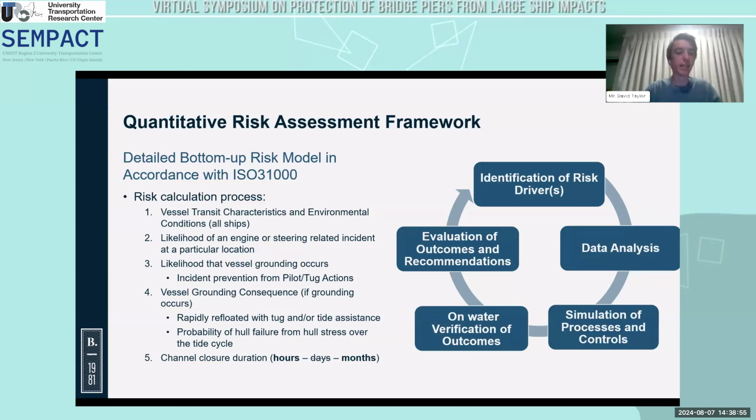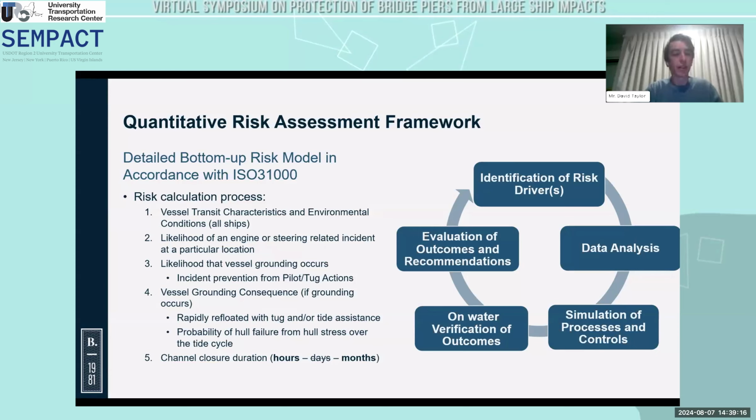So in this case, looking at the likelihood of an engine or steering related incident on board a ship, and then the likelihood at a particular location in the channel, because ultimately when we calculate risk, we calculate it in each 100-metre section of the channel.